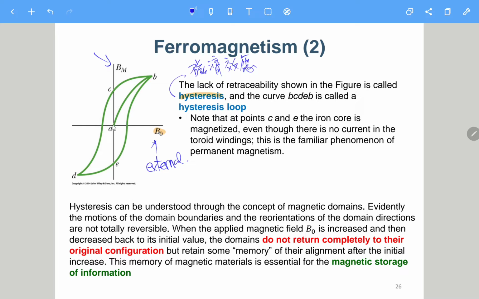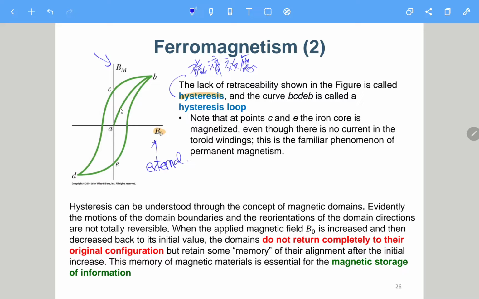At the reset state, point A, if we provide 0 external B field, then the ferromagnetic material also provides 0 magnetic field. But if we provide some external B field, then Bm also increases with it.